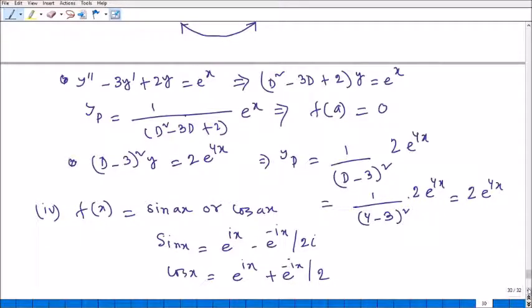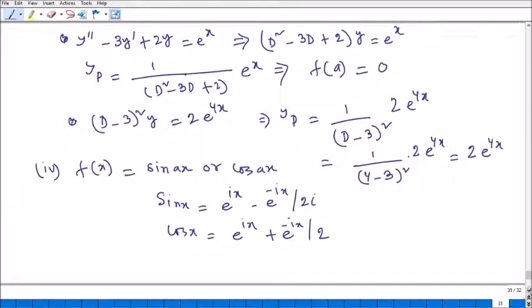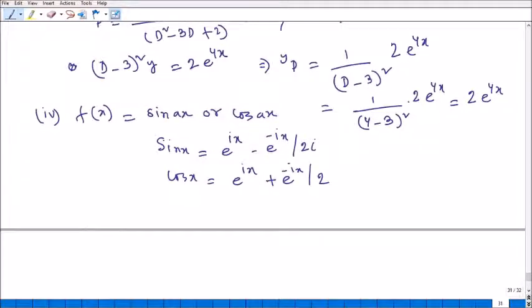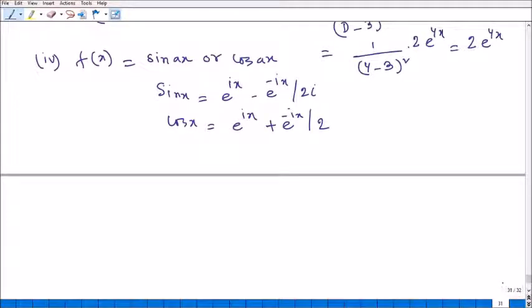Now we will discuss the type of function f of x which is a product of two functions of x. Suppose f of x is something like e to the power ax into v function of x.